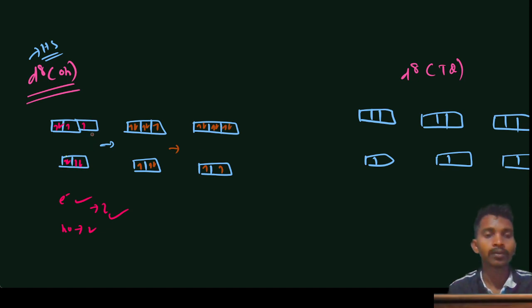Okay, so this is D8 octahedral, and if I go for tetrahedral, this is for let's say D2 tetrahedral, and let's say here for octahedral.